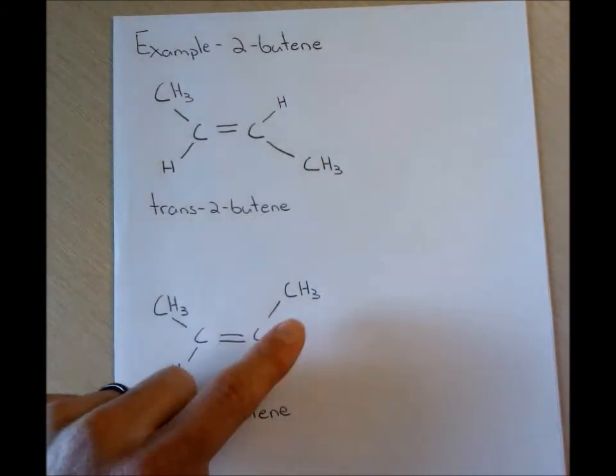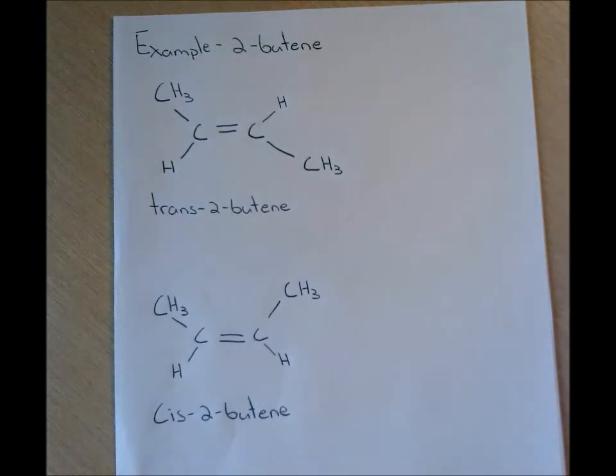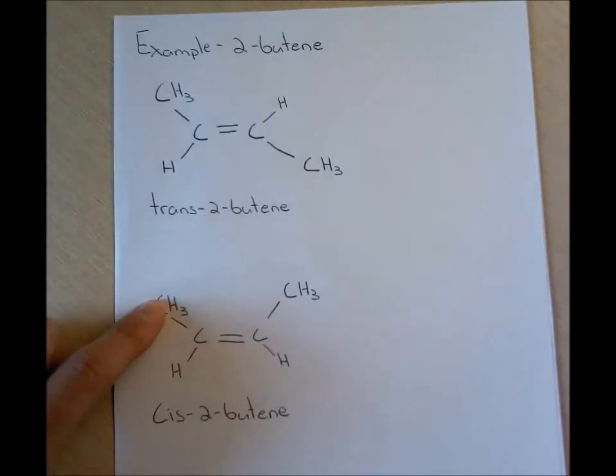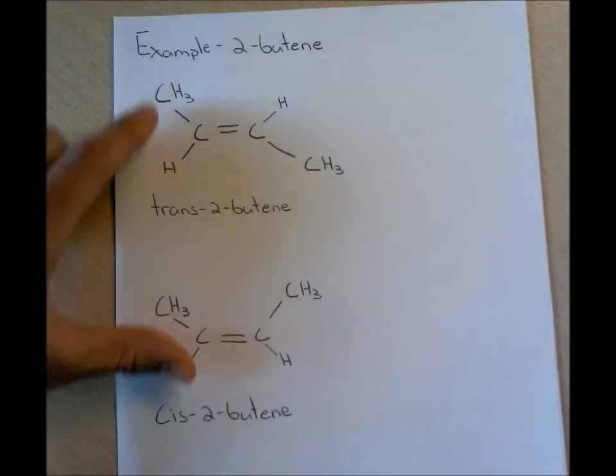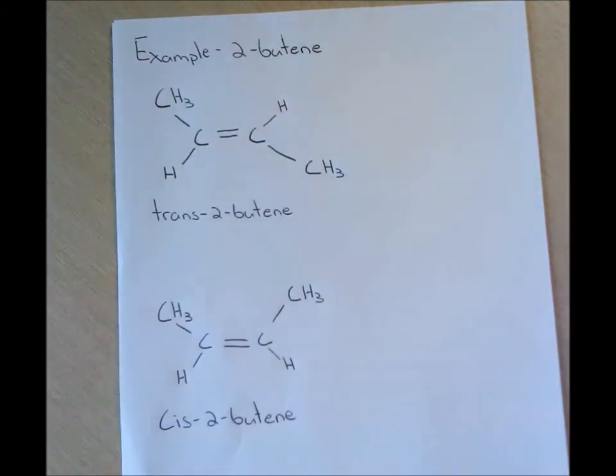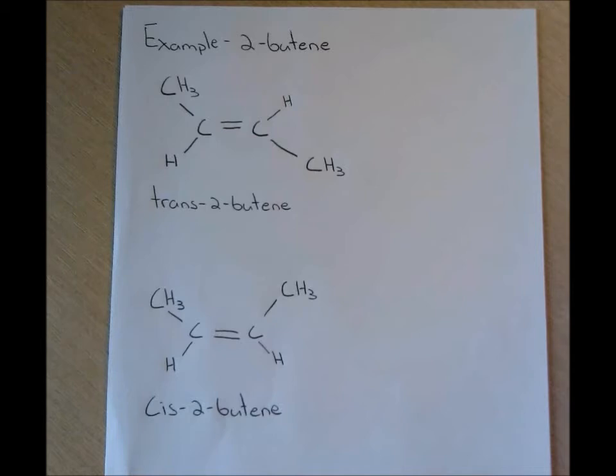If they're on the same side, like we have here, it's cis. If those attachments are on different sides or opposite sides, it is a trans geometric isomer.